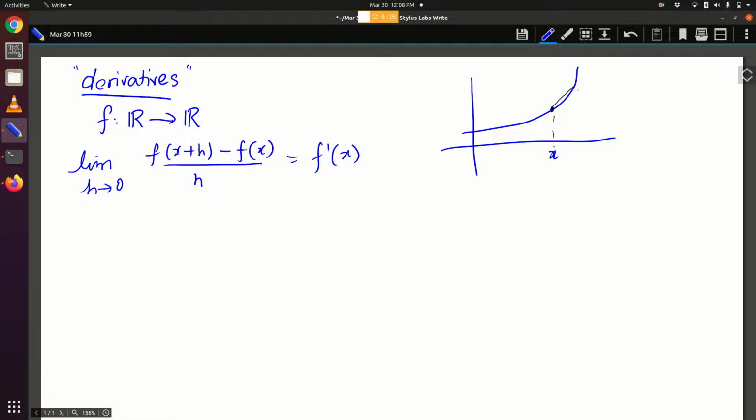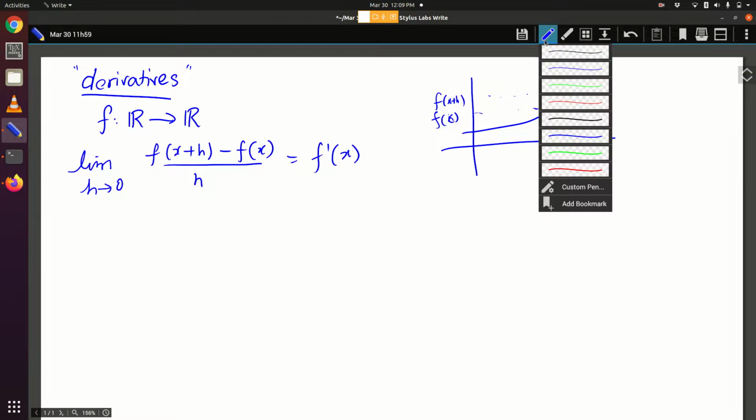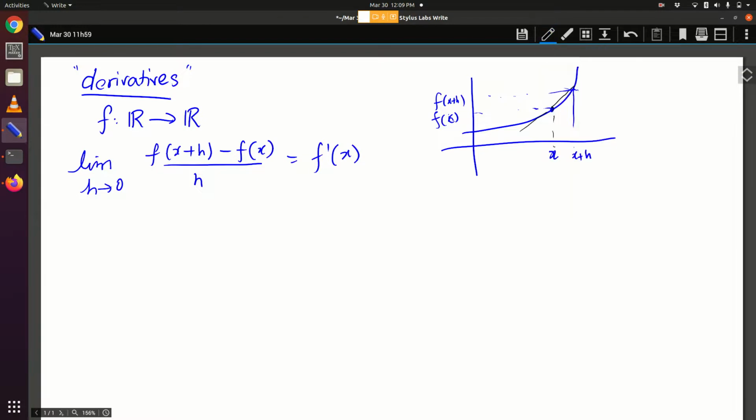This is x, and this is x plus h, and then you have f of x plus h, and this is f of x. You are trying to approximate this as well as you could possibly do via a line. As you make h go closer and closer to 0, closer and closer towards x, you will get what is called a slope. So this is the derivative in one dimension.